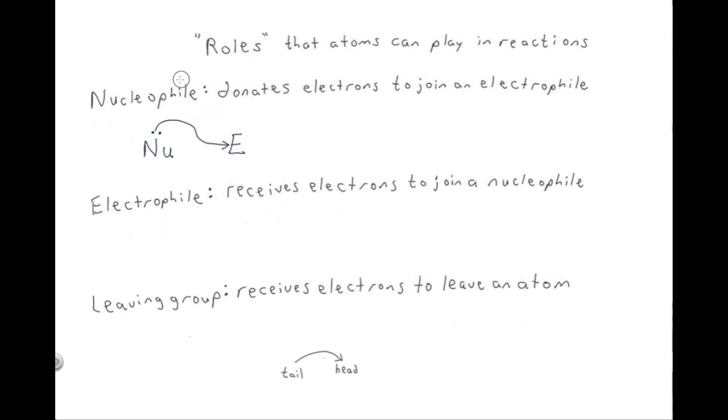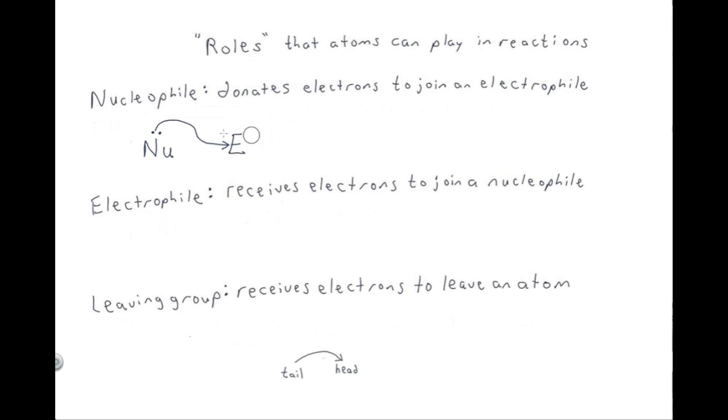Now we can see that the nucleophile is donating electrons to join this electrophile. And notice that this arrow is also consistent with the definition of an electrophile. An electrophile is supposed to receive electrons, so it makes sense for the electrophile to go at the head of the electron-pushing arrow.